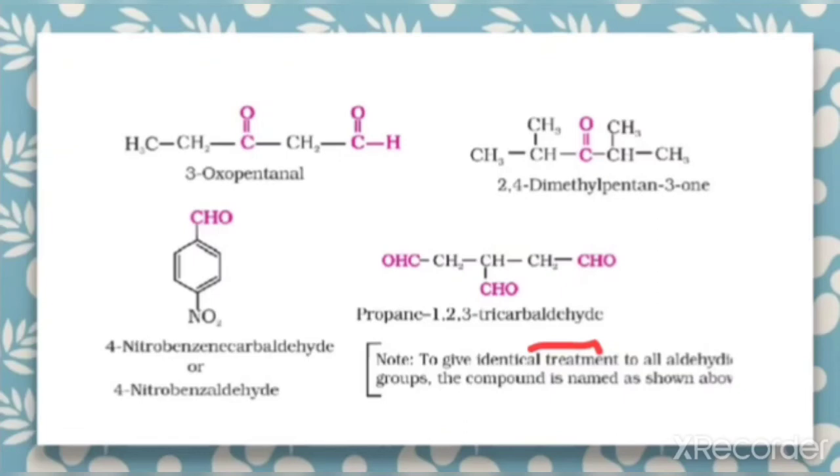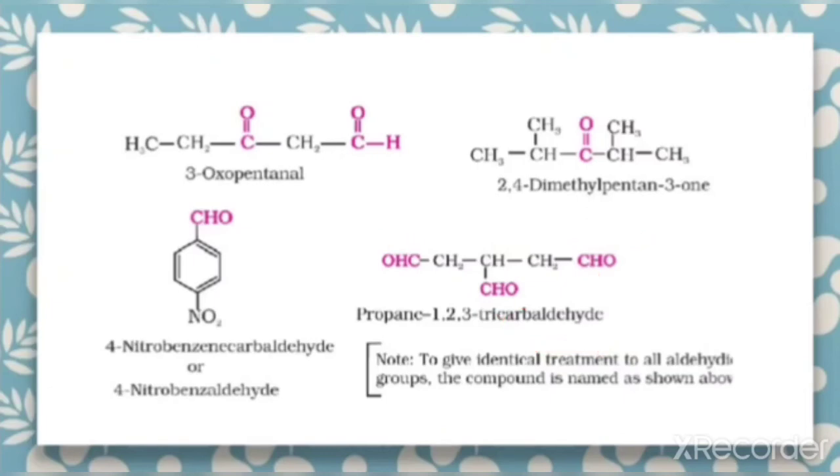Now look at the position here. The aldehyde group is on the first carbon. Now here the main chain. In the main chain we cannot include the aldehyde groups because here 3 aldehyde groups are there. If you include these two in the main chain, this aldehyde group will not be able to be included, because the chain should be continuous.